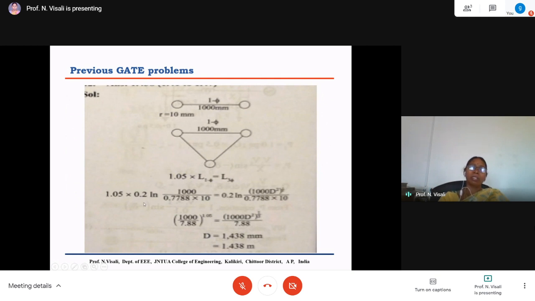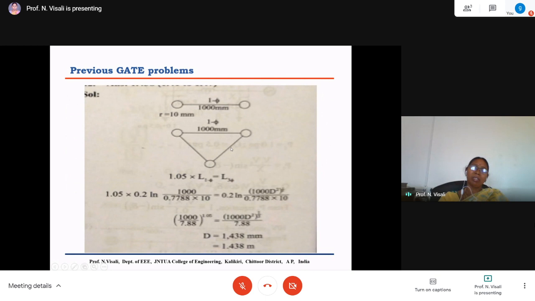With this L single phase we can calculate. Directly we know that it is 0.2 ln D by R. This we can also calculate because it is a triangle. It is unsymmetrical, but even then these two distances are equal, and this distance is 1000 mm.